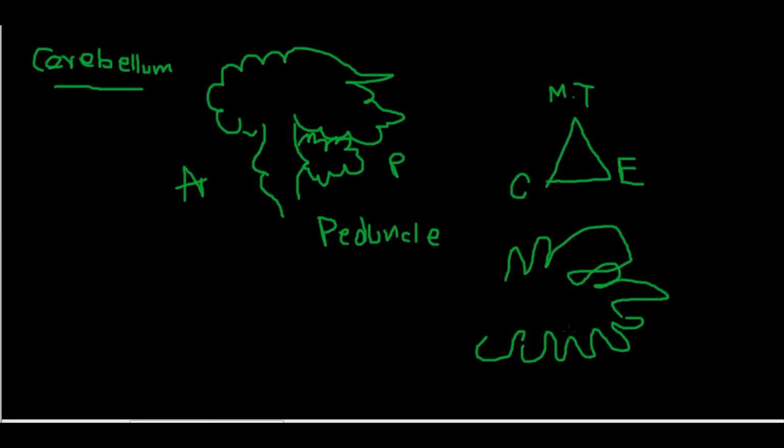These have the superficial gray matter. In the cerebellum, superficially is the gray matter, known as the cerebellar cortex, and inside that is the white matter of the cerebellum.